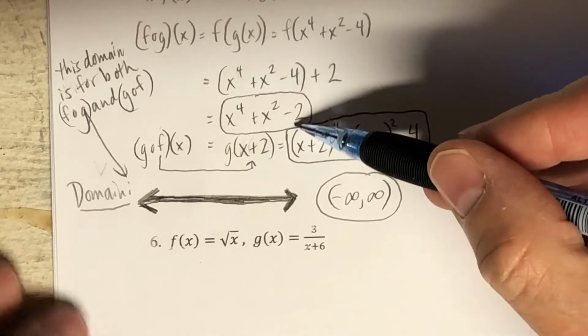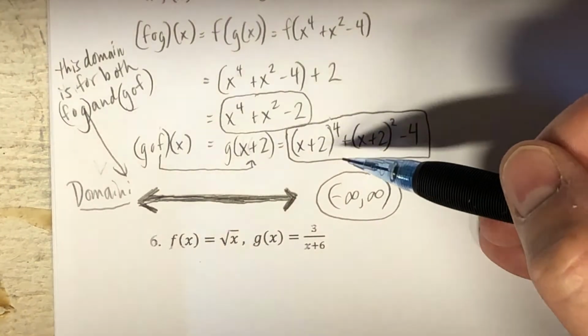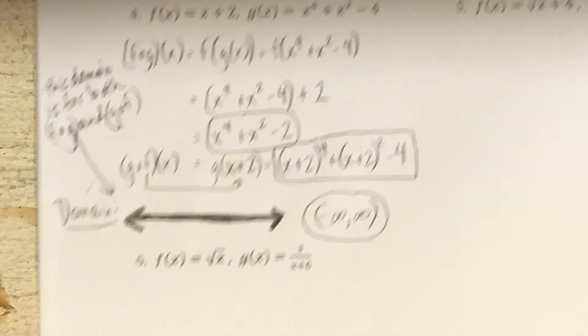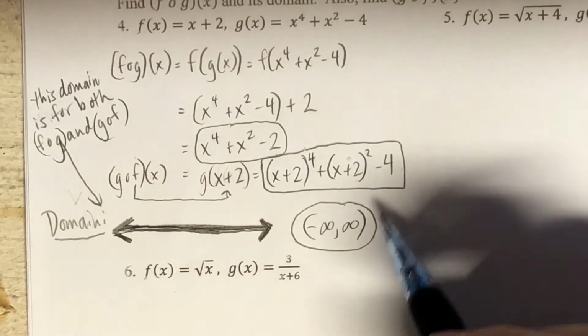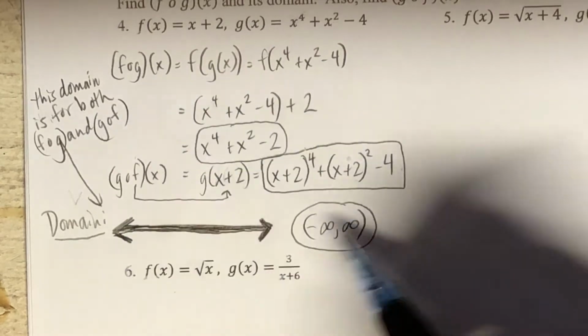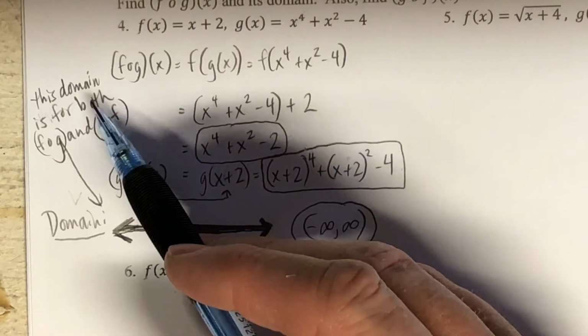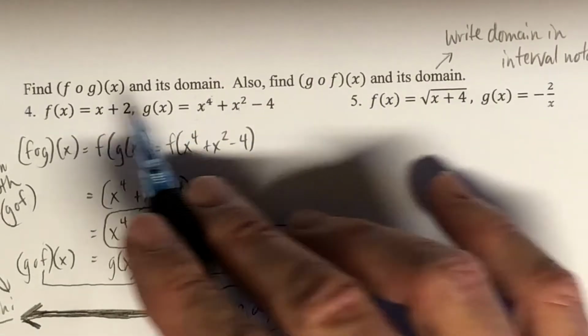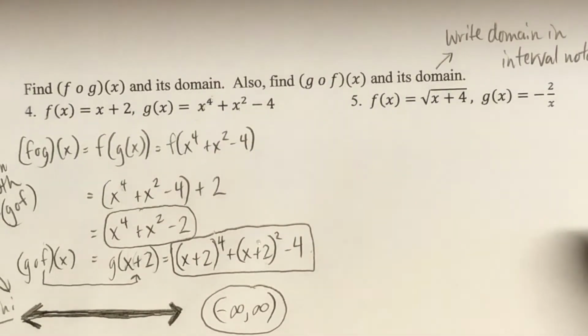Because both of them do not have a denominator to worry about, and both of them do not have a square root to worry about. So this domain is for both. So you don't need to say it twice as long as you make that note right there, because it did ask for the domain for both f circle g and g circle f.